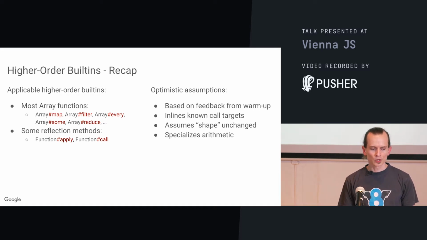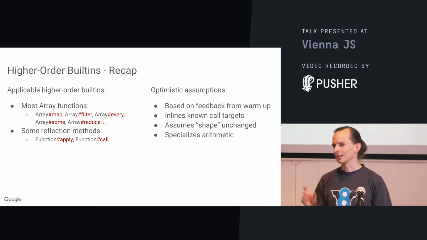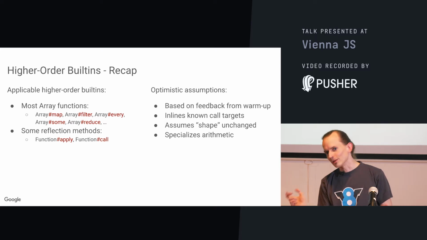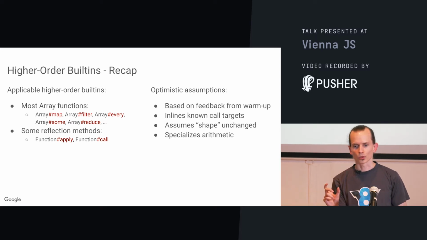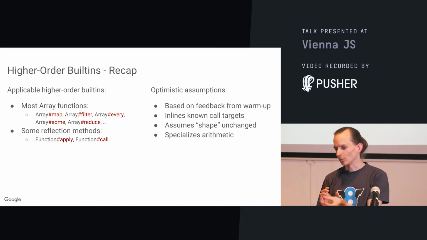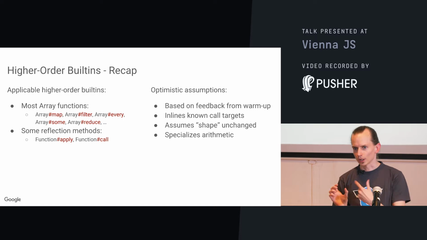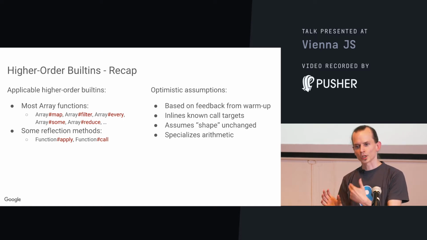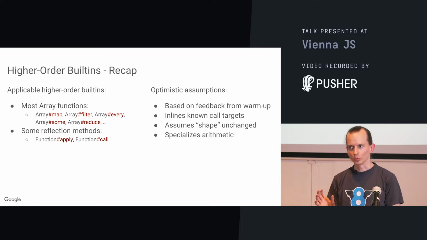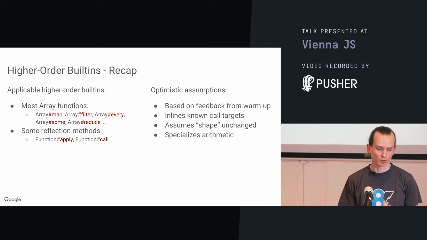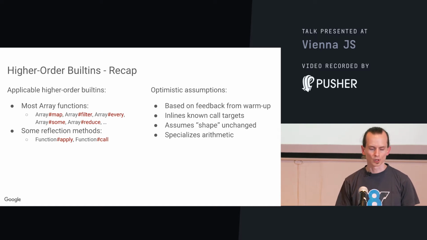Also, it assumes the shape of the array is unchanged. So if in your function you start deleting elements from the array, that would defeat such optimizations. Or if you, for example, start putting double elements into this array within the function, all of that would mean that we couldn't remove these checks that are inside the hot loop. So avoiding this shape change is good for performance.